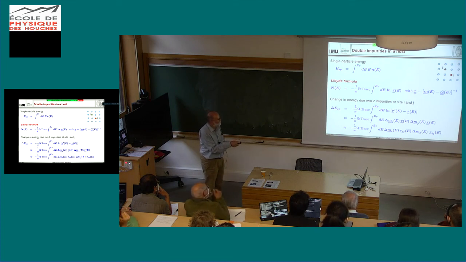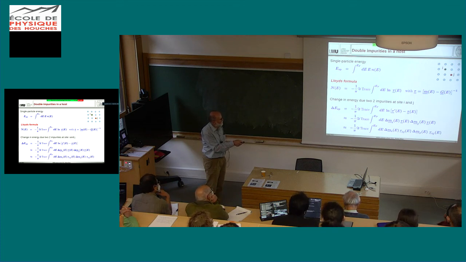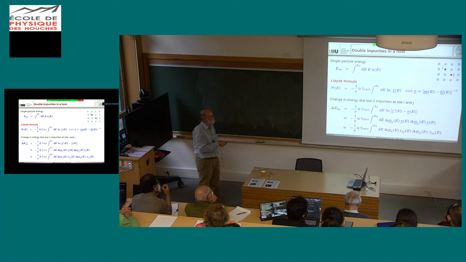And if we take the difference between the two, we get at the end, after a little calculation, this simple expression: the change in the inverse T matrix at site I times tau connecting sites I and J, times the change in the inverse T matrix at site J, multiplied by the scattering path operator tau J I. It's exactly the scattering path operators connecting these two sites.